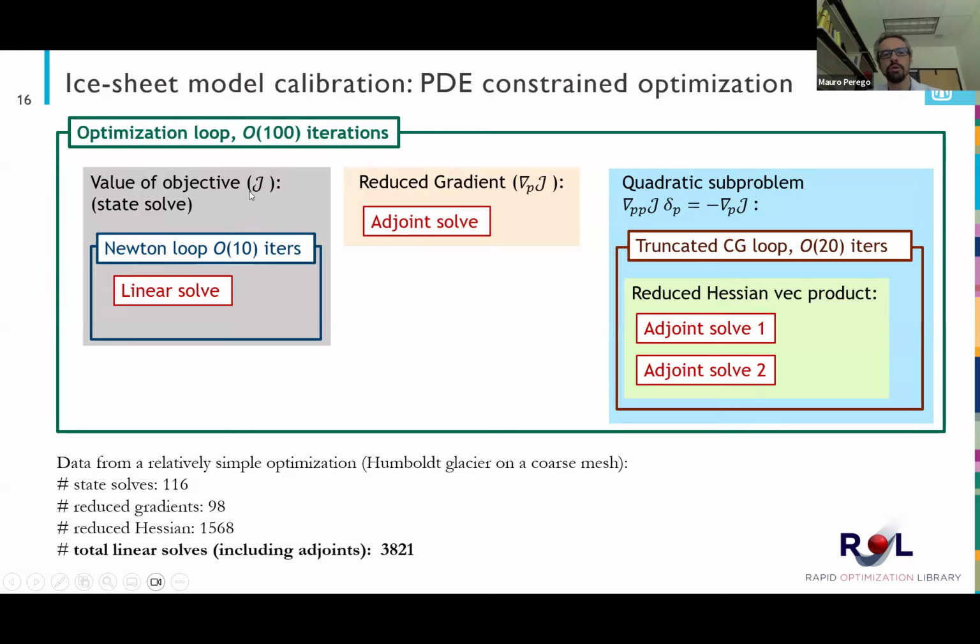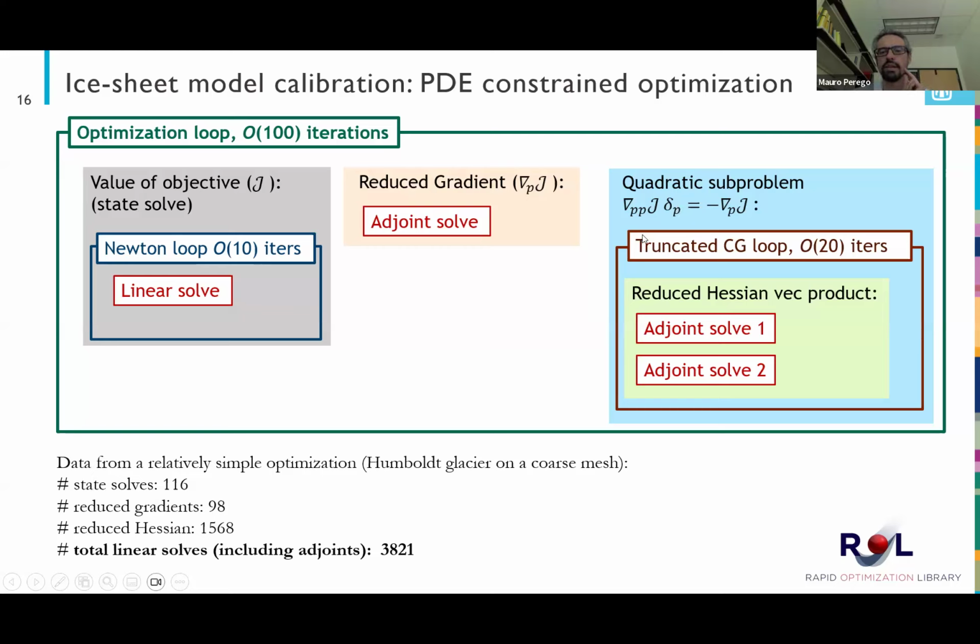And so when you want to evaluate the functional, you have to solve a nonlinear problem, so you have linear solves inside a Newton loop. To compute the reduced gradient, you need to solve an additional adjoint equation, which is linear. And then in order to solve the quadratic subproblem, you really want to solve the system.